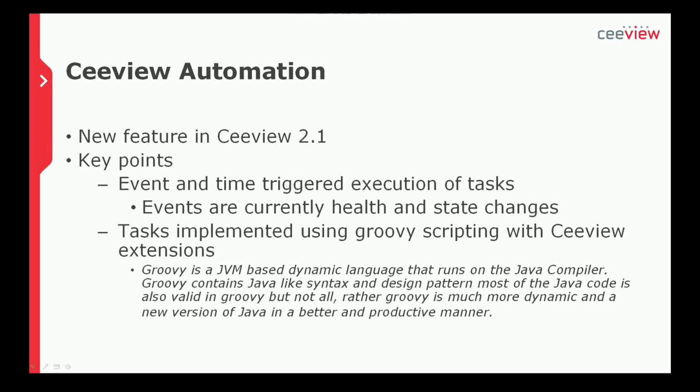Defining an automation job consists of two distinct parts. Firstly, defining when an automated job should be executed. Either it can be executed based on state changes, or it can be triggered by health changes, or it can run on a timed schedule. Secondly, we need to define the steps required to manage the situation.